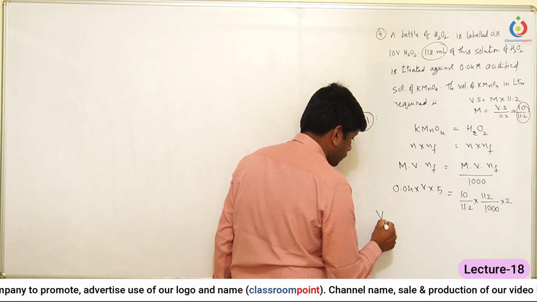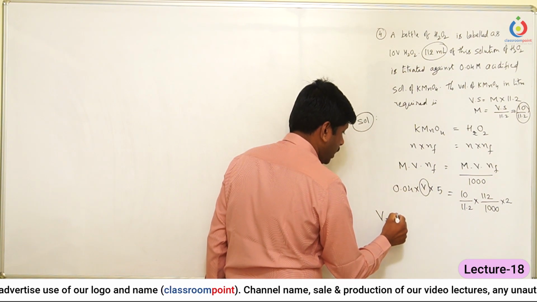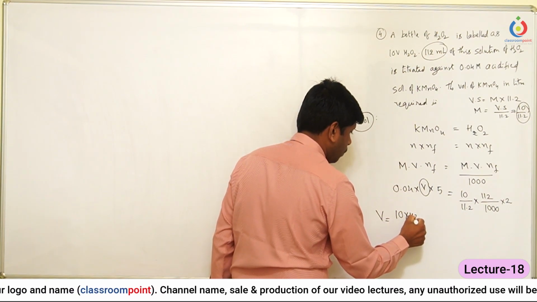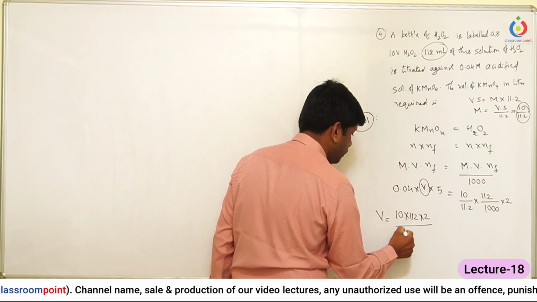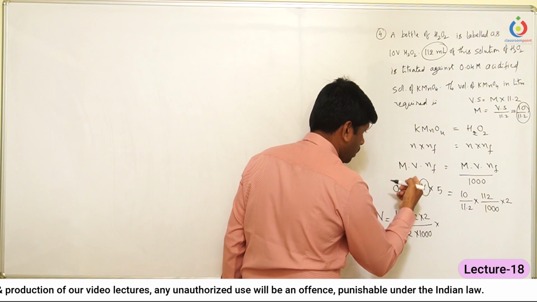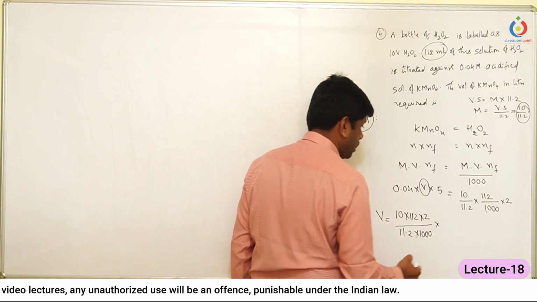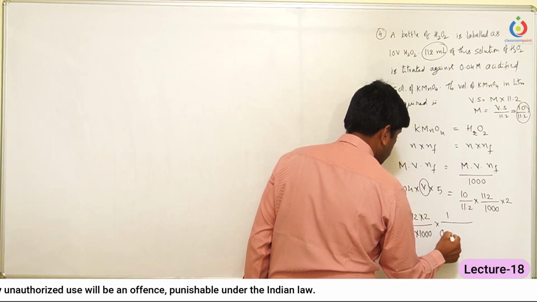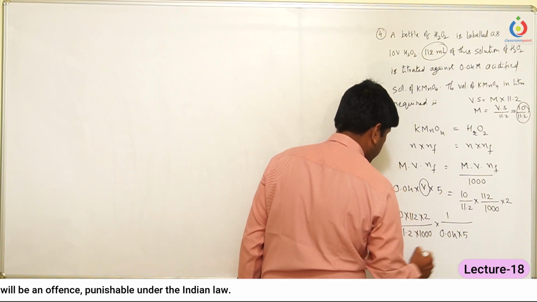So the volume of KMnO4 equals 10 into 112 into 2 divided by 11.2 into 1000, and the entire value on the other side becomes the denominator: 1 upon 0.04 into 5.